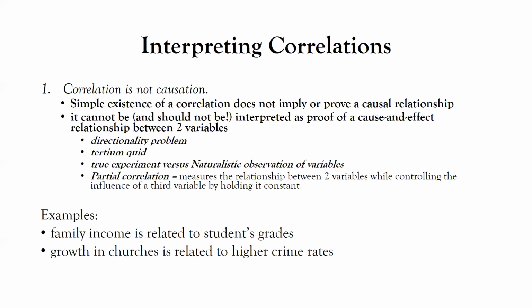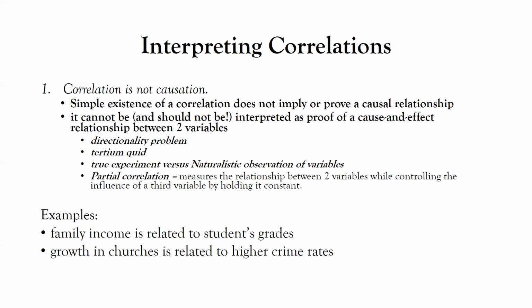Let's say you get a positive correlation between family income and student grades. It does not categorically tell you that family income causes students' grades, to be more exact, that a high family income will cause better grades. That's a causal statement.